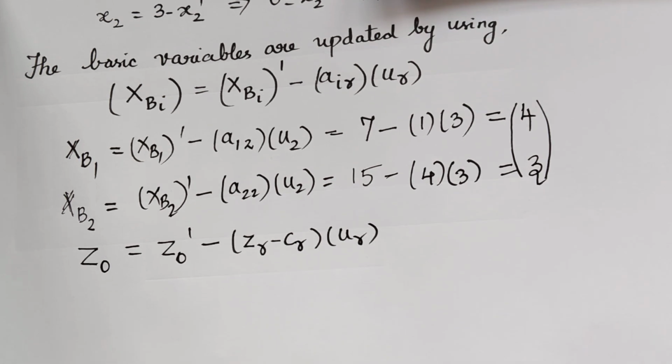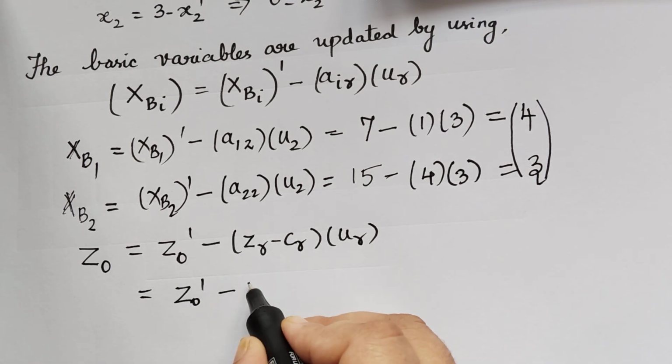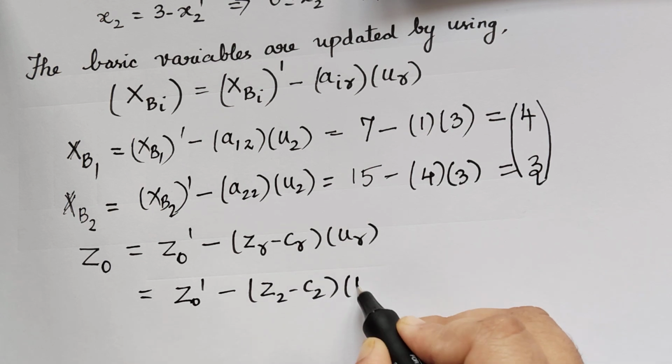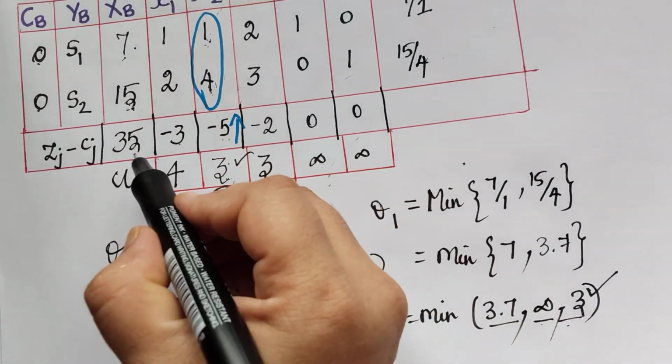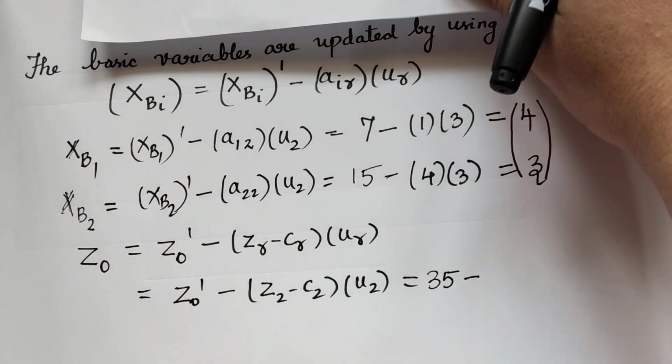Also the solution z0 will be updated with this. So that is z0 dash minus, here r is 2, so z2 minus c2 value multiplied with u2. And what is this z0 dash? That is the old solution. Here we have it as 35. So 35 minus, what is z2 minus c2?